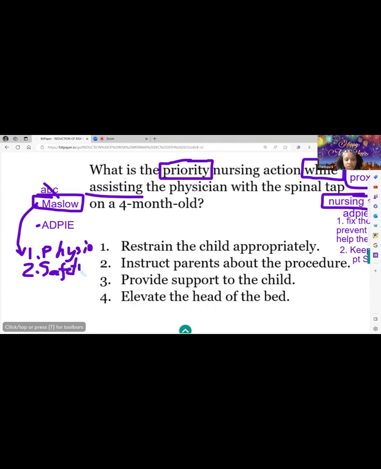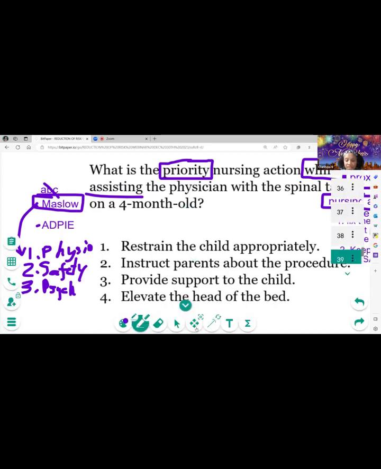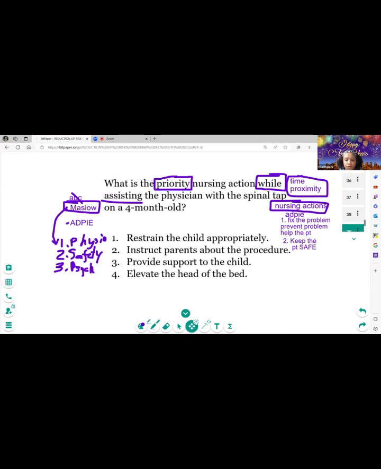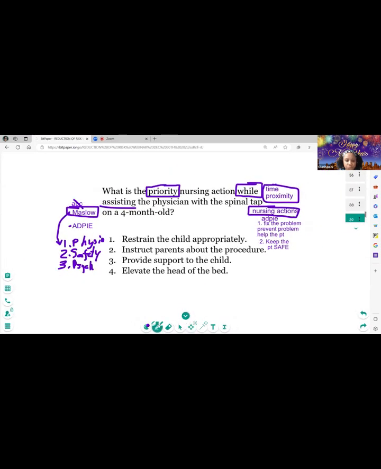All right, anything psychosocial, usually I will eliminate those right off, unless the whole question is a psych question. Because priority, remember, is not psychosocial 9 times out of 10, unless the whole thing is psych. So when you went through your process of elimination, support is psychosocial. So that should be the first one you get rid of, because that's psych. Psych is not priority.